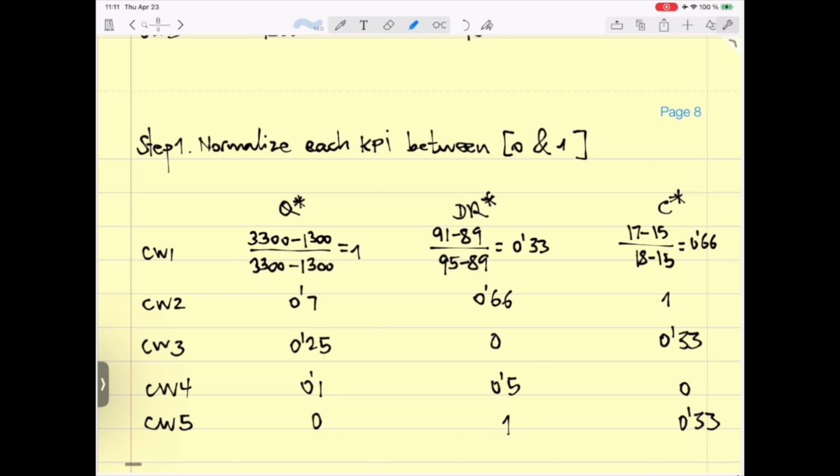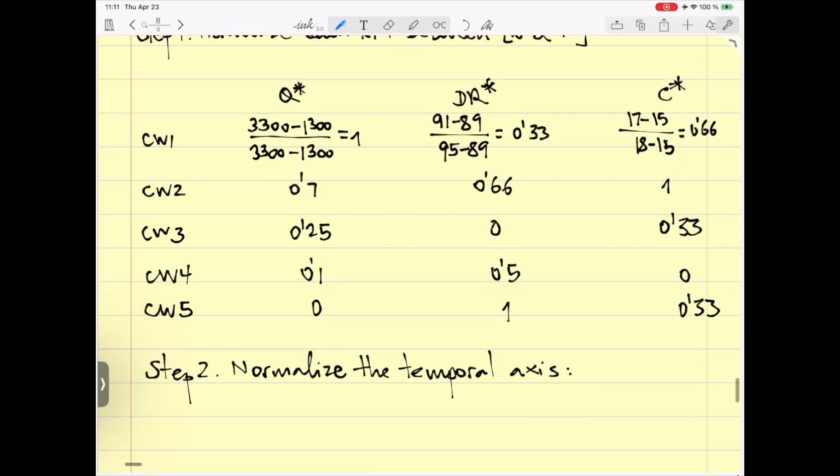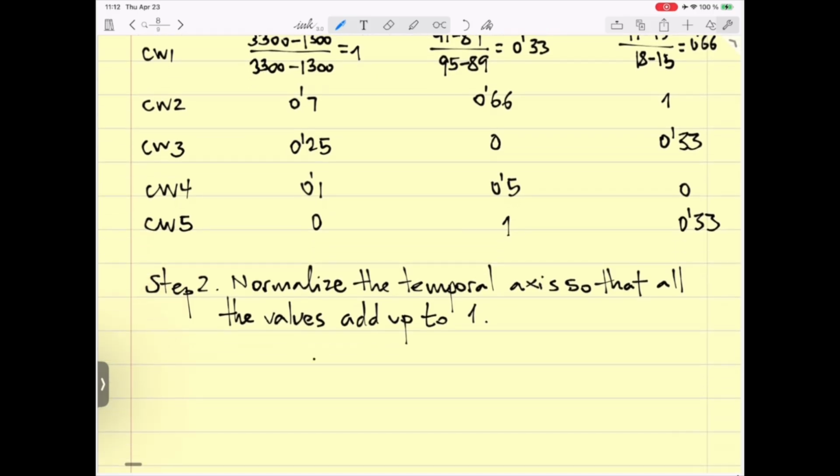Then the second step is to normalize the temporal axis. This normalization is a little bit different, so that all the values add up to 1, okay? So in order to perform so, we have again Q star star, second normalization, delivery rate star star, cost star star.